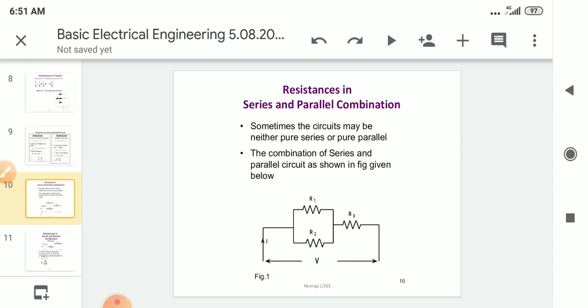The combination of series and parallel circuit is as shown in this figure. Here R1 and R2 are both in parallel. Then this combination is in series with the R3 resistance.